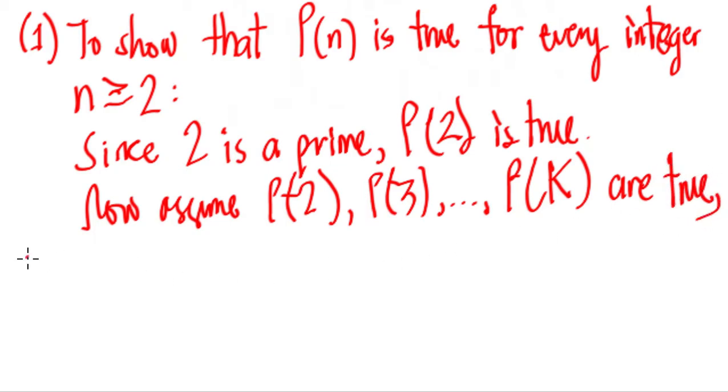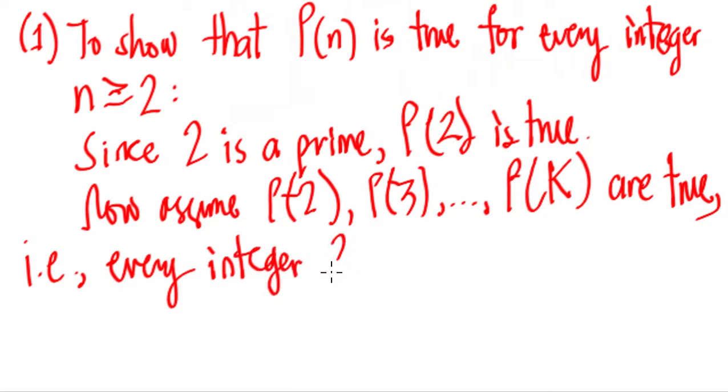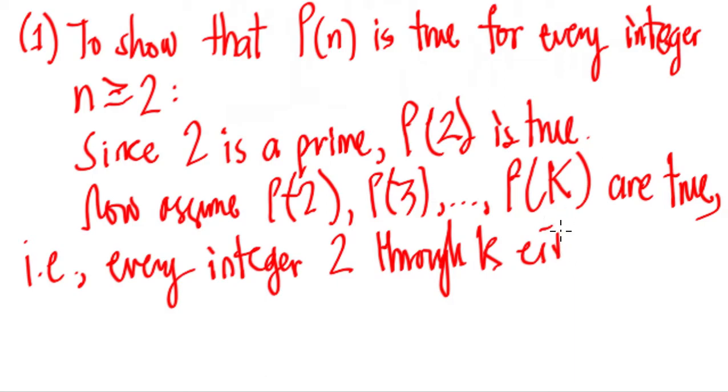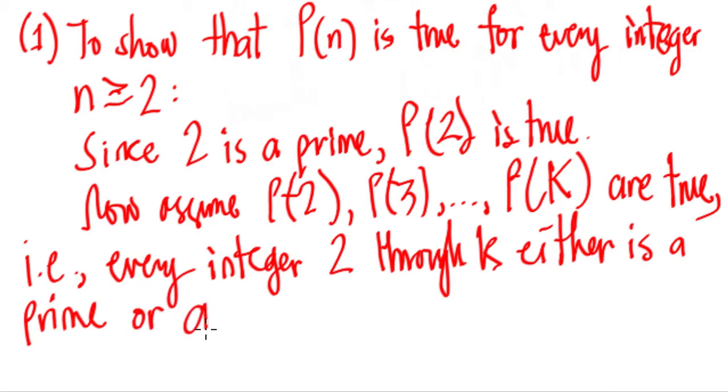That is, every integer 2 through k is either a prime or a product of primes.